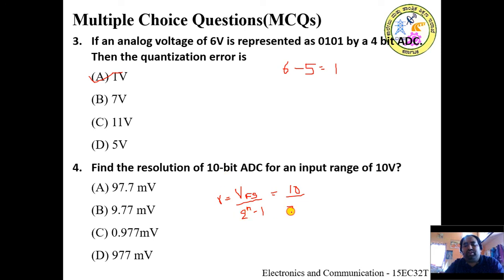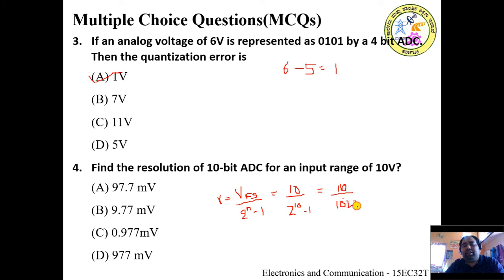If you substitute the value 10, it will be equal to 10 divided by 2 to the power of 10 minus 1. 2 to the power of 10 comes out to be 1024, 1024 minus 1 will be equal to 1023.